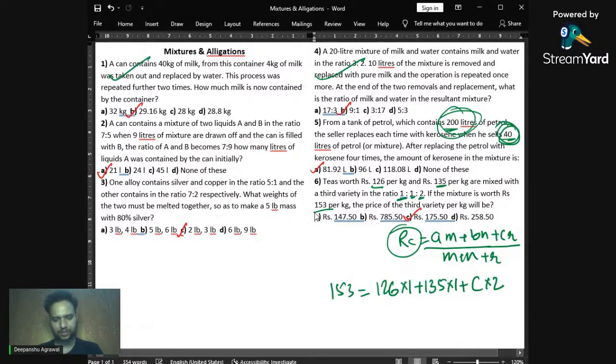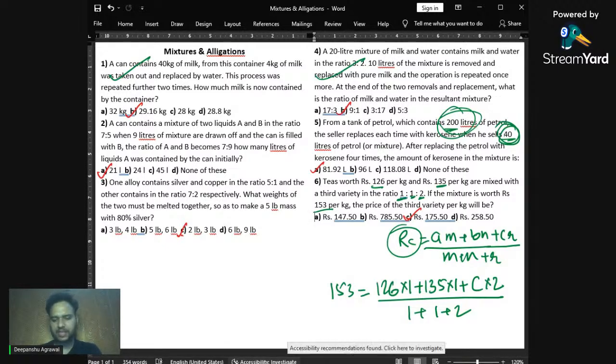This is 2, divided by 1 plus 1 plus 2. So we have just extended our basic formula to three variables and we have got A, B and C. Only C is the unknown variable. So we'll get the answer from this. This is the only equation that we need to solve. Right. So you'll definitely get the answer from this.